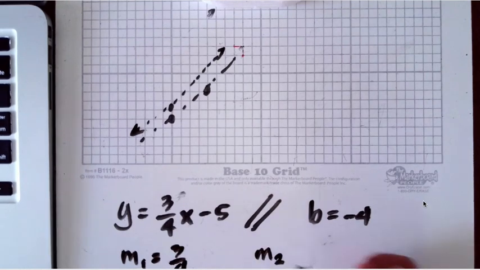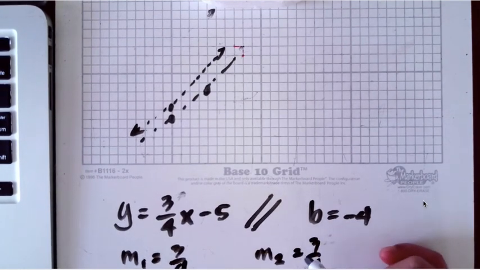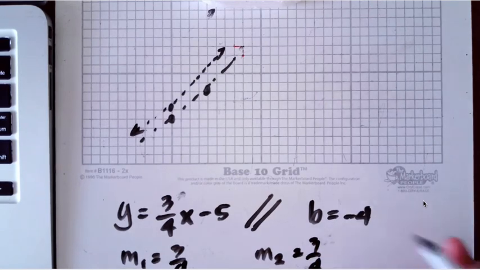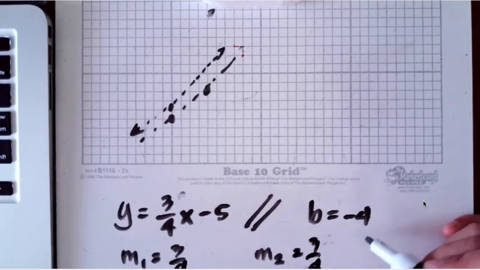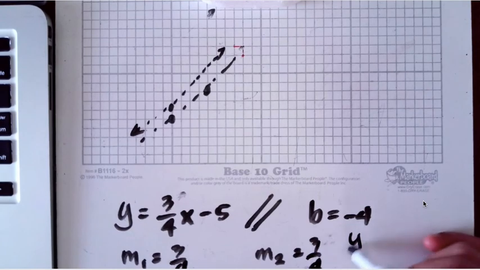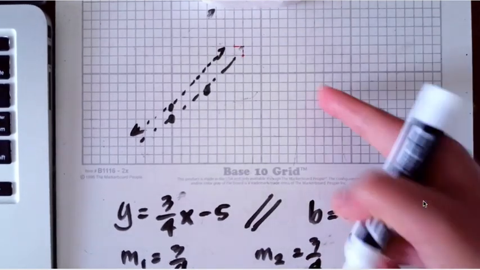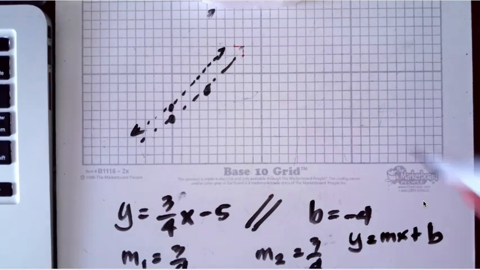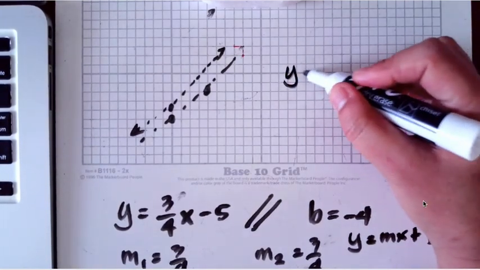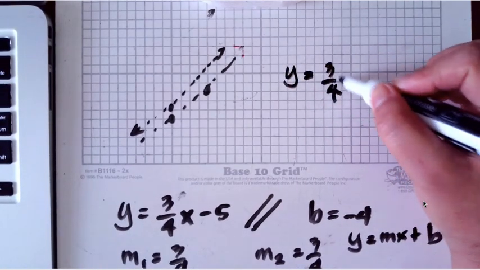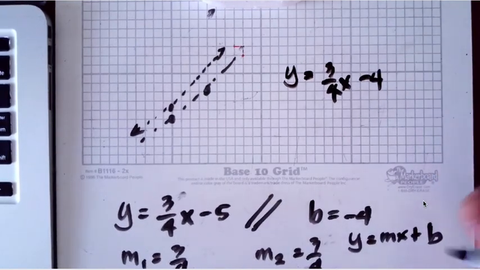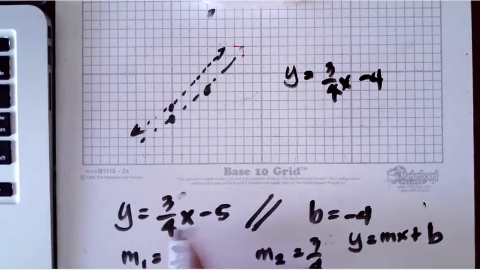Therefore, the slope of the second line is also 3/4. And because we have a slope and a y-intercept, we can form the equation by using y equals mx plus b. So therefore, our equation is y equals 3/4 x minus 4. Okay, that's the equation we are looking for, and they are parallel.